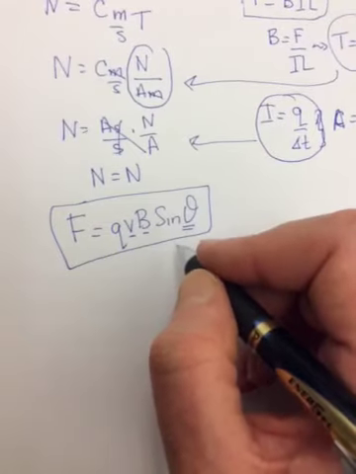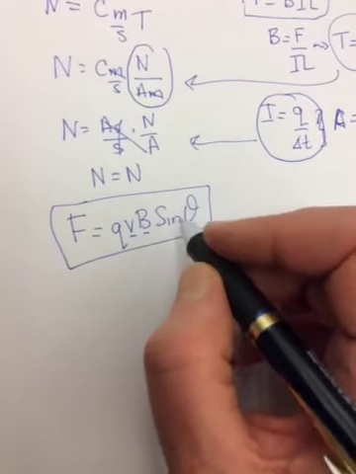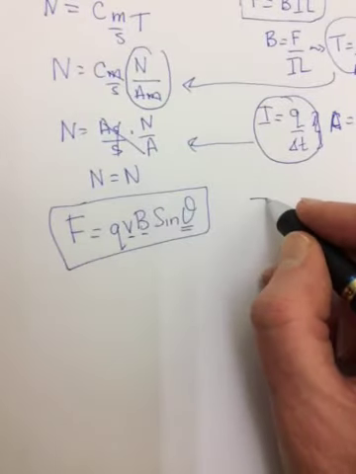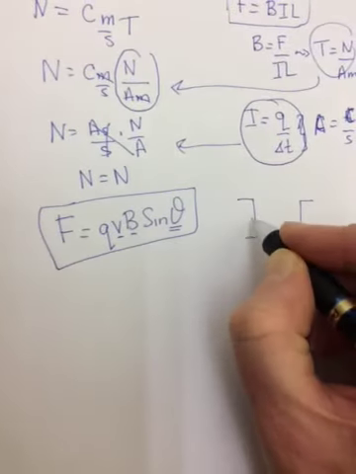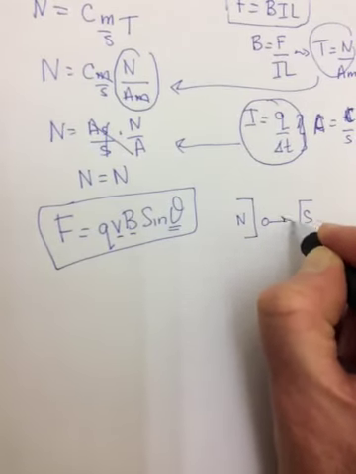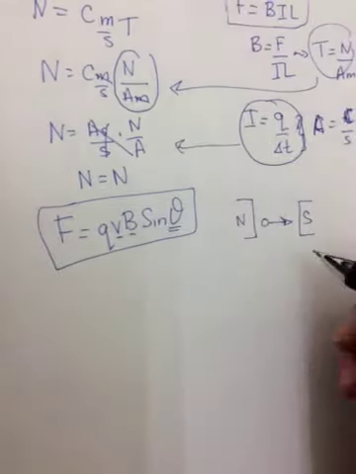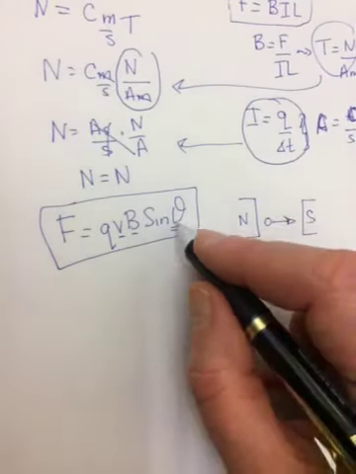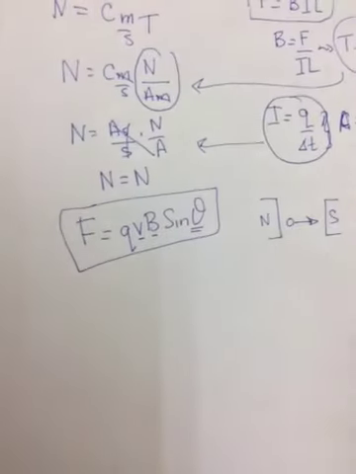You're going to get minimum force, which will be no force, when V and B are going in the same direction. So if I had a magnet like this, and my charged particle is moving this way, there's not going to be any force here, okay? Because the angle between the V and the B would be 0, all right?